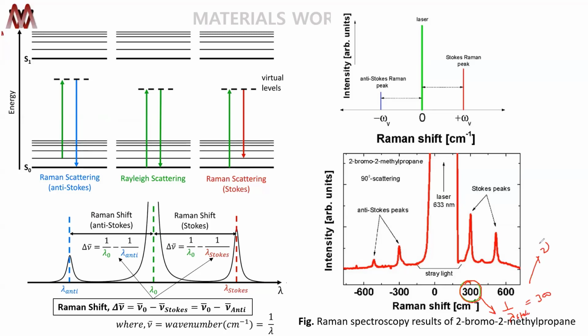That is nu bar for Stokes. That means you can calculate your energy, hc nu bar. And the anti-Stokes line, you see, it's negative. Why is it negative? Because its energy is higher.